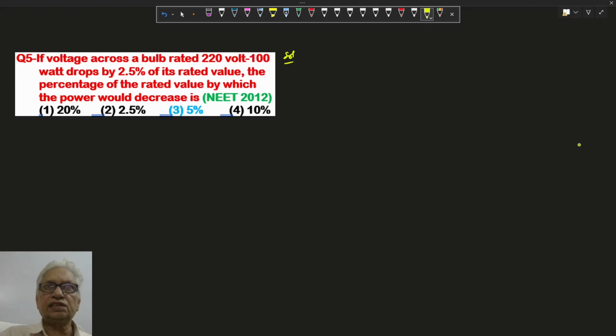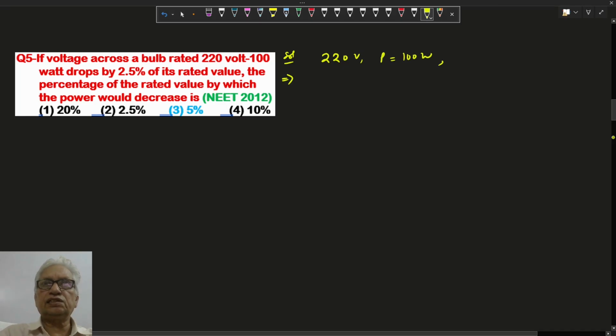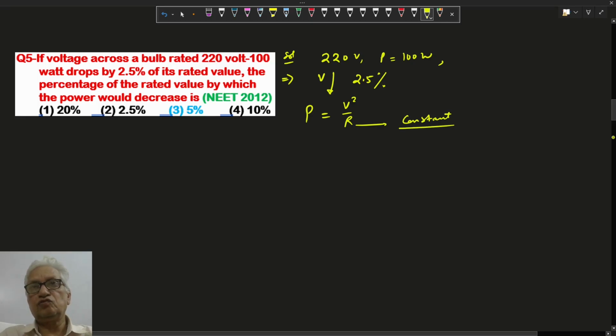Voltage rating 220 volt and power rating here is 100 watt. Suppose the voltage decreases by 2.5%; find the percentage power loss. Voltage decreases, so power also decreases. The formula of power is V squared upon R. R is constant.